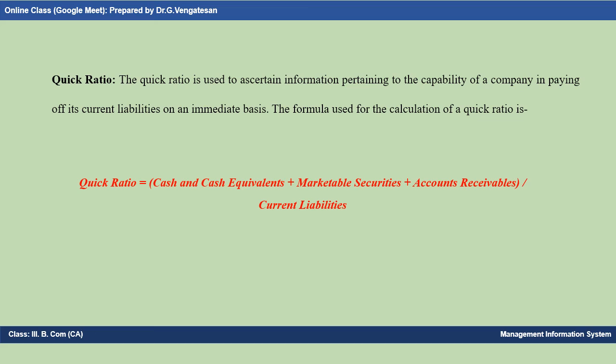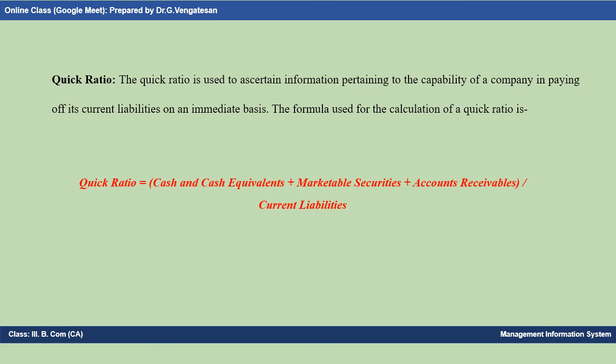Quick asset. What do you mean by quick asset? Quick assets are those assets which can be easily and quickly converted into cash within a short period without loss of value.